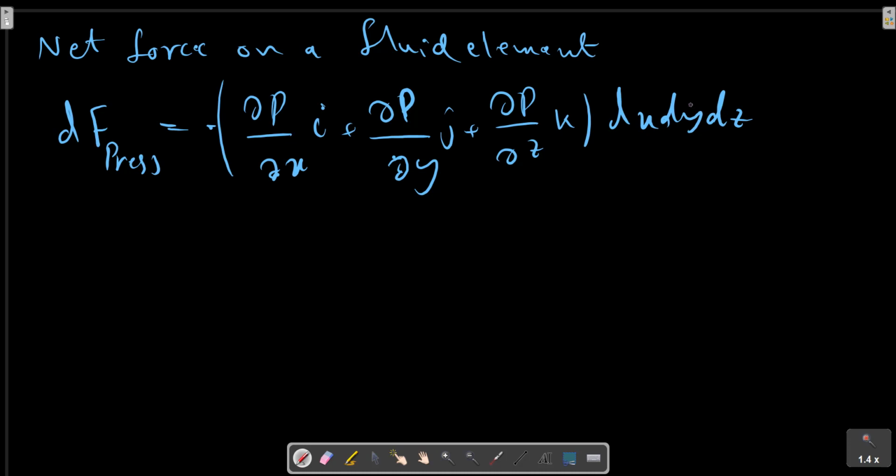We recognize the term in parentheses as the negative vector gradient of P, denoting f as the net force per unit element volume. We can write the expression as below.